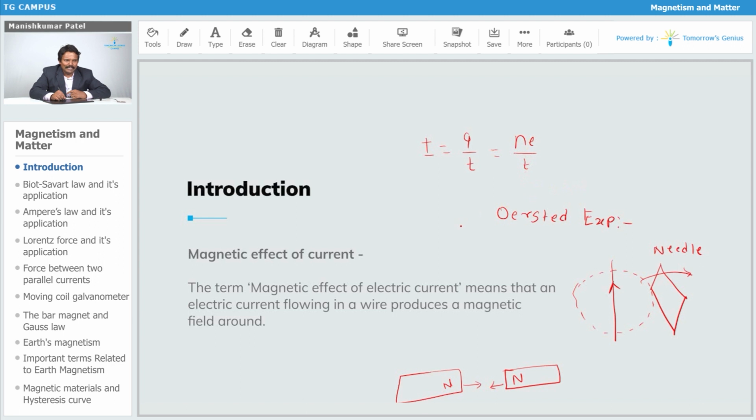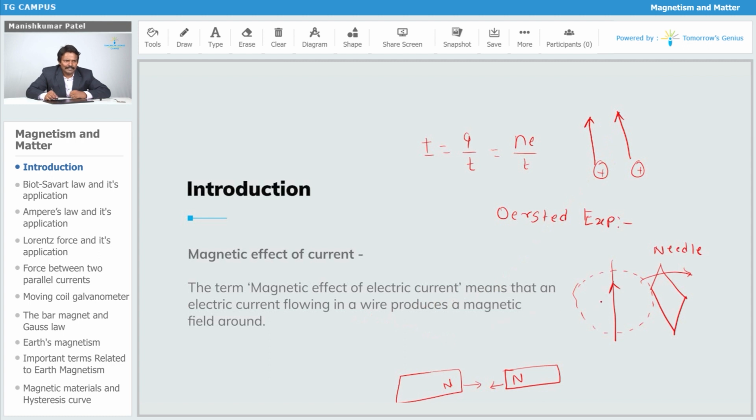So if the charges are in motion, they can produce a magnetic field around them. Or even if two charges are projected with a certain velocity, you will find some force exerted between them. That is nothing but the magnetic effect of current.